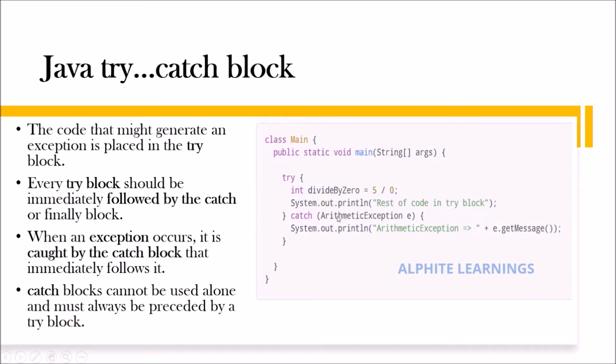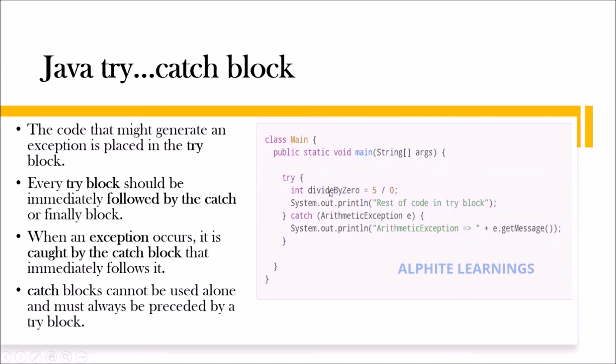This is the type of exception, the exception class, and e is the exception object.